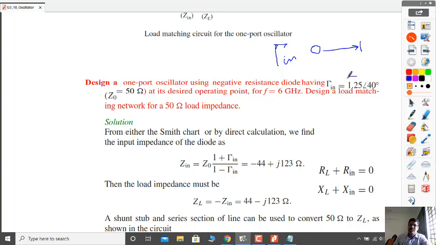But here the gamma is more than 1. So this is one indication that this is a negative resistance type device. Most of the time gamma in is more than 1, which indicates that the device has negative resistance property and can oscillate.